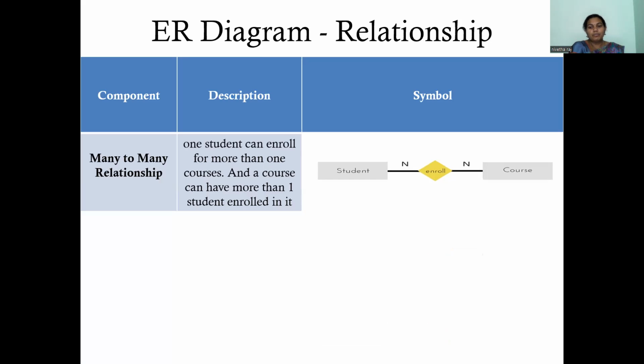And then many to many relationship. In our college, a large number of students are choosing or enrolling in a large number of courses. These courses are civil, mechanical, E&I, etc. That means many students are enrolling in many courses. That is a many to many relationship. Okay.